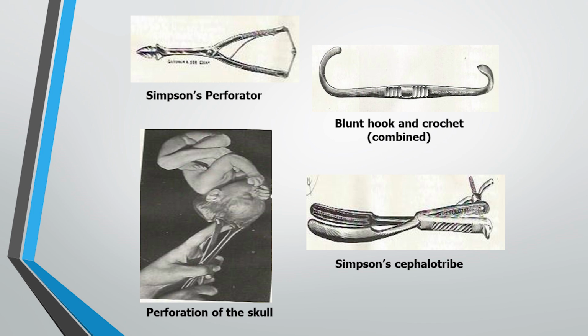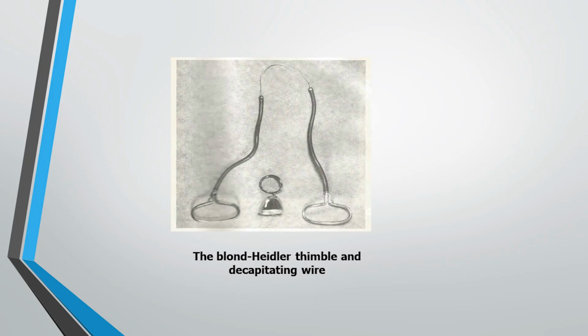Once you bring that down, you use the blunt hook and crochet to bring the neck of the baby down, and then apply the blunt headless thimble and wire. You can see the wire there. You can now put one across outside and then move it up and down. In the process, when you move up, there will be cutting.